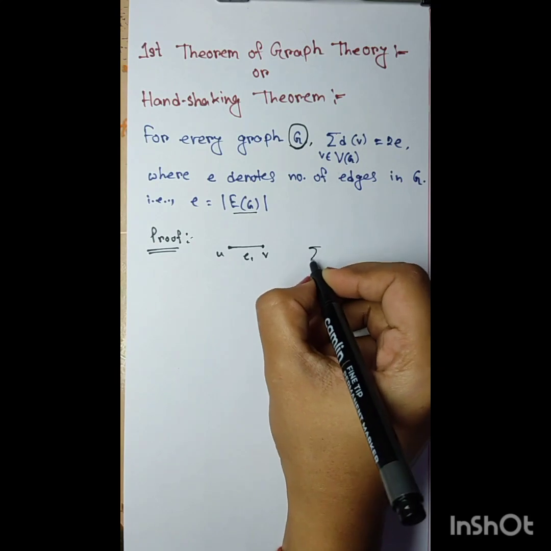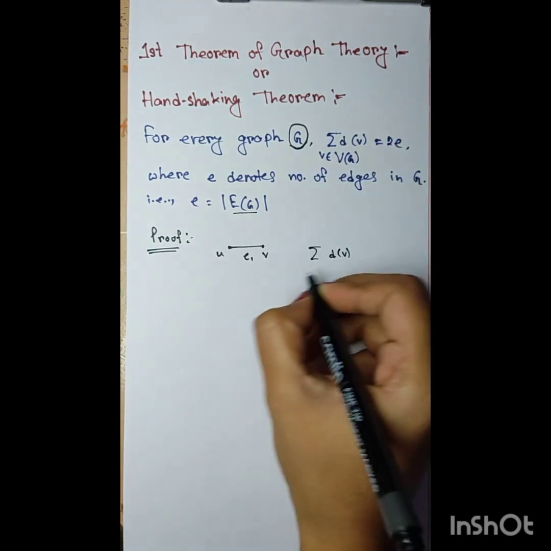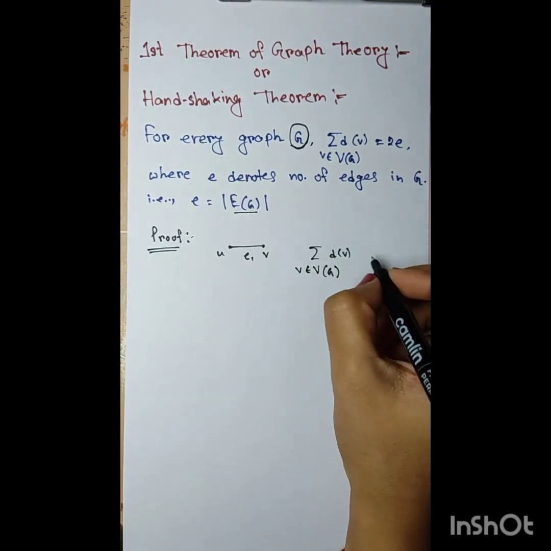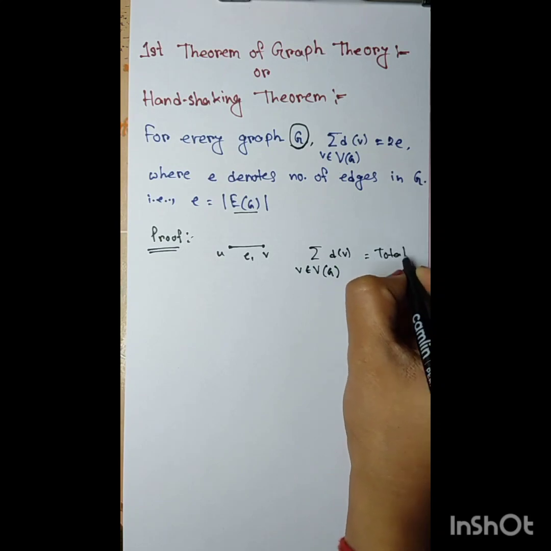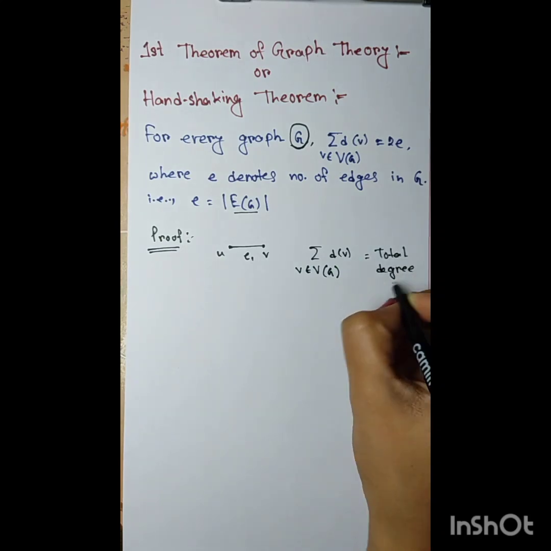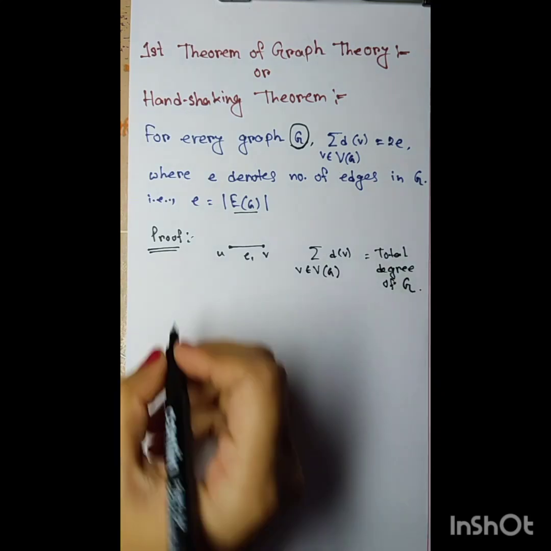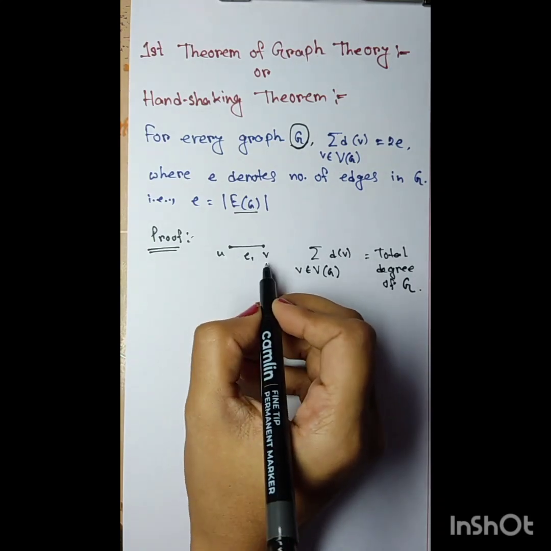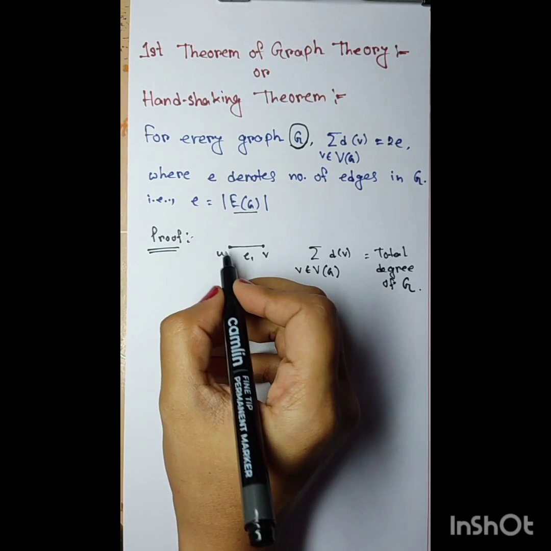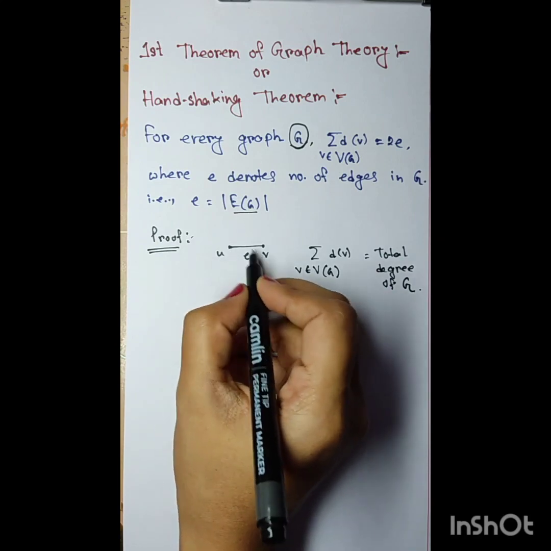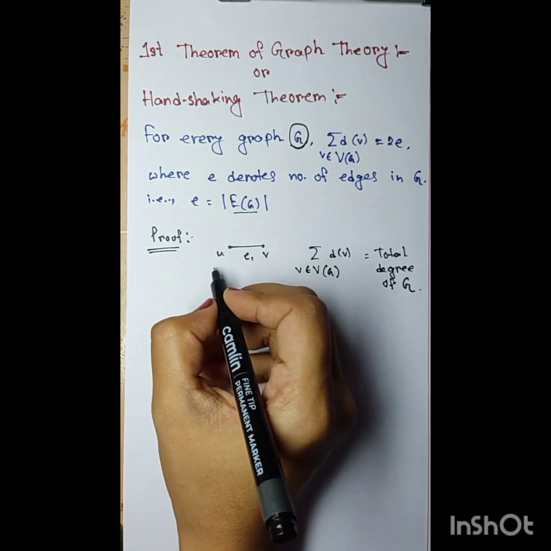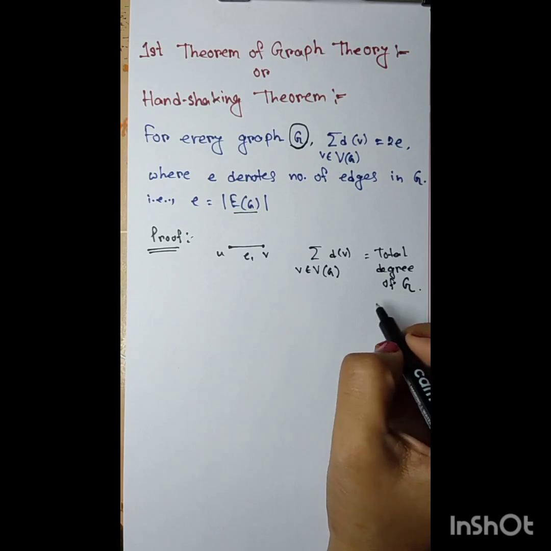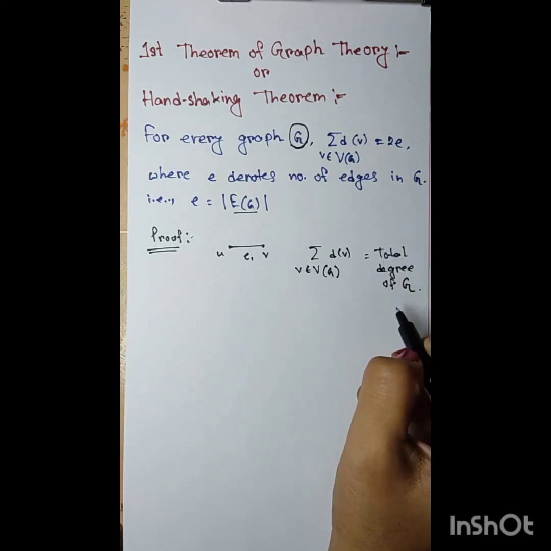So basically this sum of degree of V, when V is a vertex of the graph G, is the total degree of G. For any edge, say E1, it will ultimately contribute degree 2 to this total degree, because this edge will contribute degree 1 to vertex U and degree 1 to vertex V. So it donates 2 to the total degree of the graph.